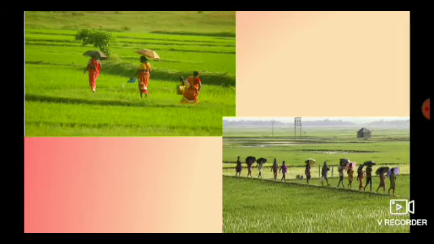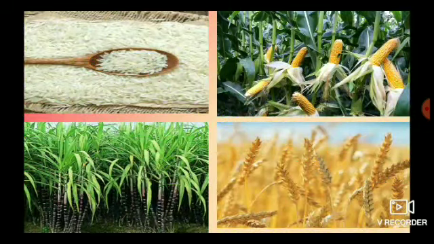Can you see in this picture, children? The main occupation of the people is agriculture and they produce a variety of crops. What types of crops do they produce? In maximum quantity they produce rice, wheat, maize, sugarcane. These are the crops they grow in maximum quantity.